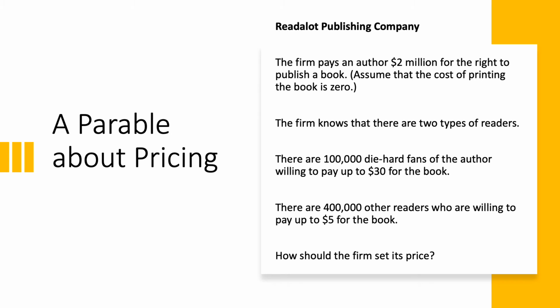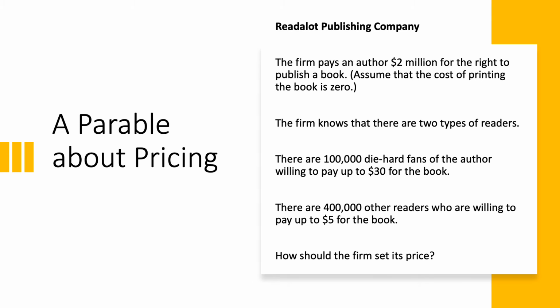Well, the answer is simple. If they're going to charge everybody the same price, and let's say they charge $30, they're only going to sell 100,000 books. So 30 times 100,000, we get about $3 million. And if we subtract the $2 million in costs, the firm will make $1 million.